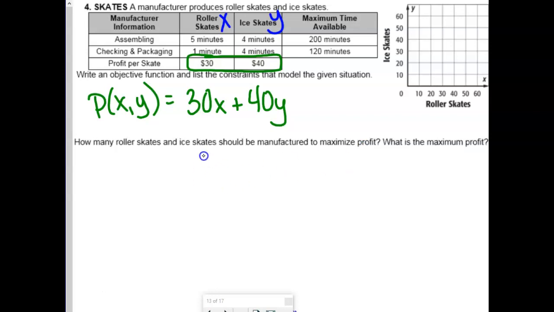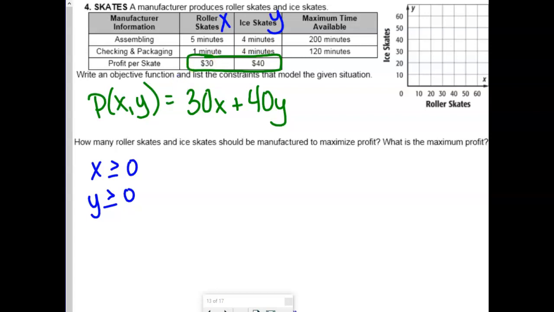Okay. So they want me to write my constraints, and I write too big, so I'm going to write them down here. There's some obvious constraints. Like you can't make negative skates. So x has to be greater than or equal to 0, and y has to be greater than or equal to 0. And then there's some constraints based on the time it takes to assemble and also to package and check for shipping.